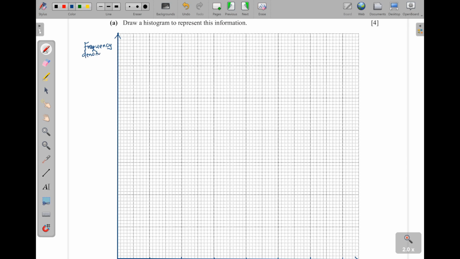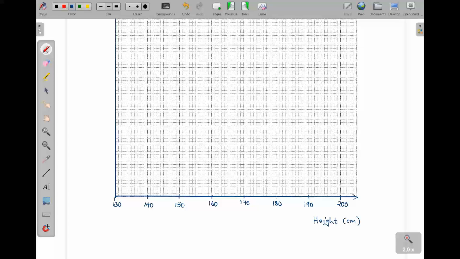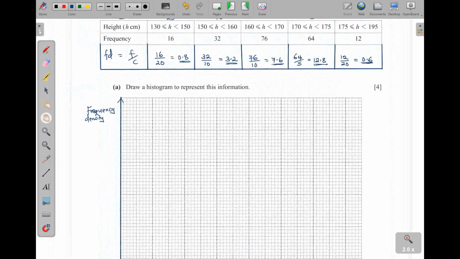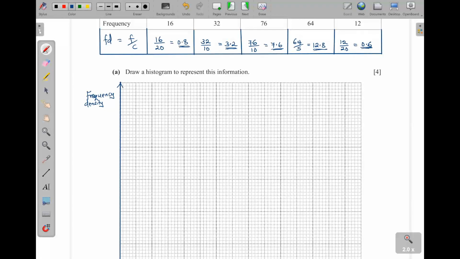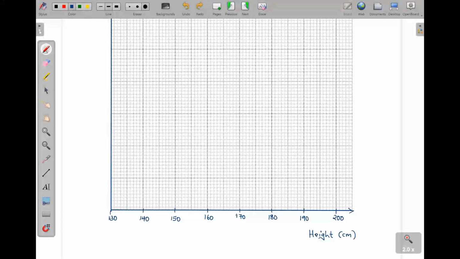Now after that, I'm also supposed to put the uniform scale. Since my biggest here, I can see, is 12.8, and there is a 0 point something, that means I can use 1. So for every 1 centimeter, I can put 1 unit.